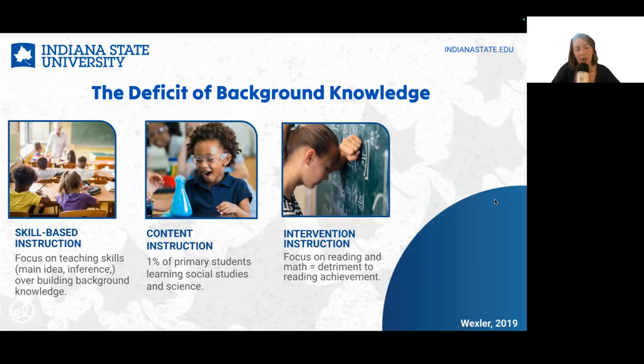We don't do that. We take away that front loading and just rely on, oh, if you can't understand this, let's rely on context clues. Context clues are not going to help you if you don't understand what World War II Germany was like. You have to understand the time, the region, the place, the people. That's where content instruction is critical, and our students have a deficit of it.